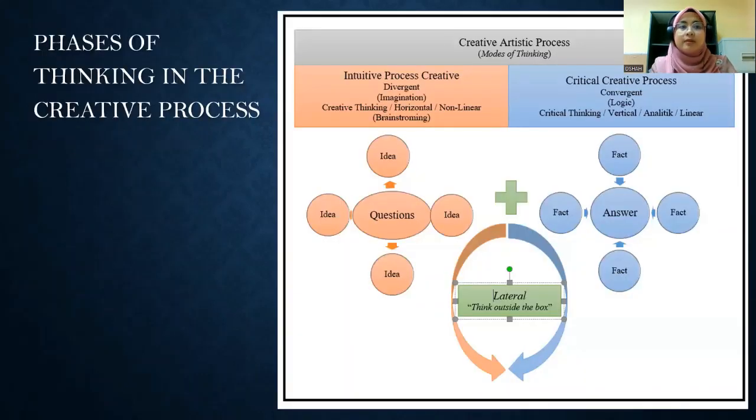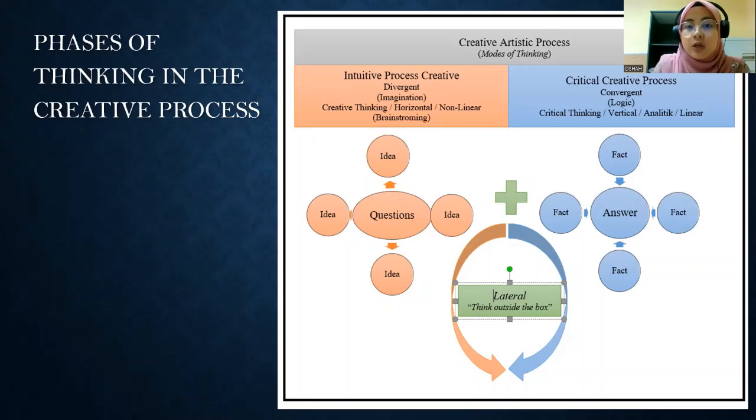And this is the phases of thinking in the creative process. Creative artistic process will have two for this research: intuitive creative process and critical creative process.